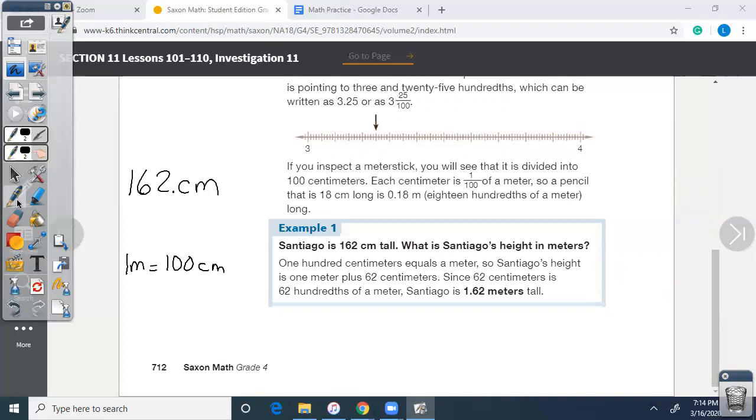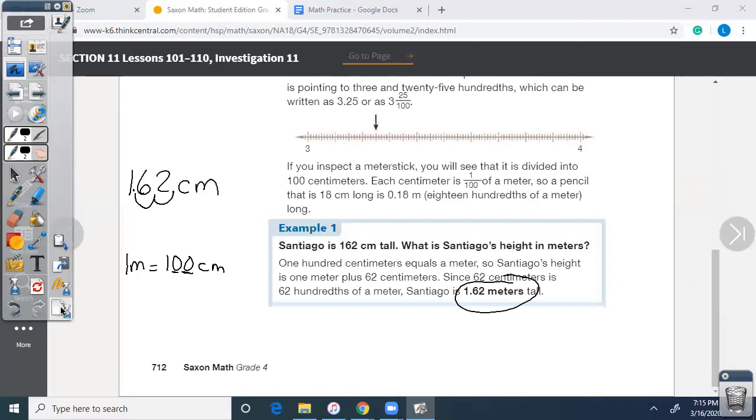We're going to move the decimal however many zeros we have, that many times. Okay, so if I have 1 zero, I'll move the decimal 1 time. In this problem, I have 2 zeros, so I'll move the decimal 2 times. So I got 1, 2, put my decimal there. The answer is 1.62 meters. So 1.62 meters, that's what the answer is right here.